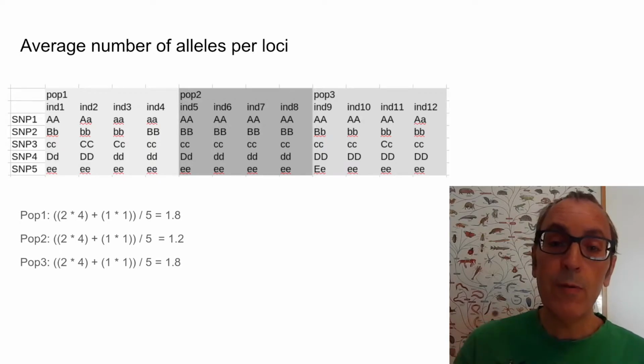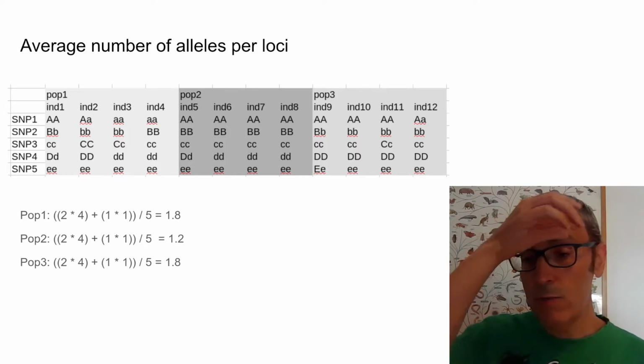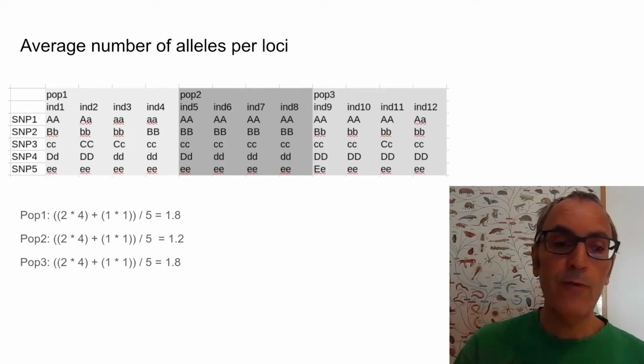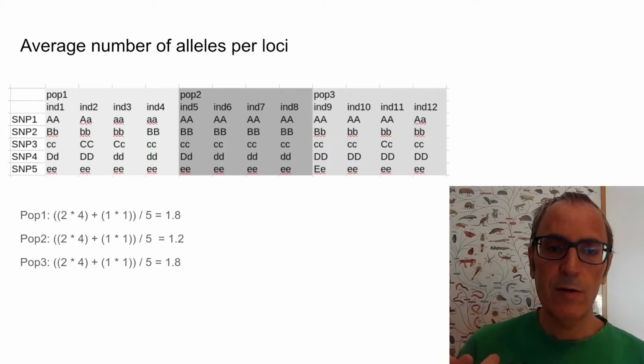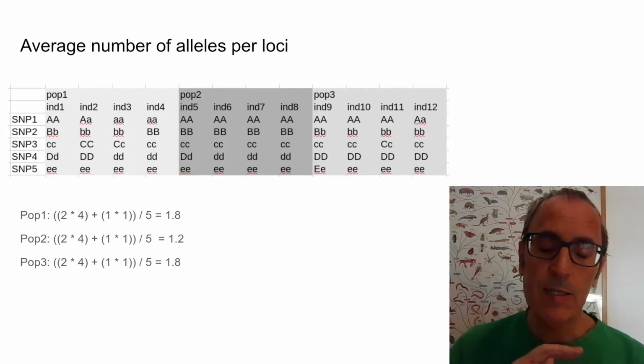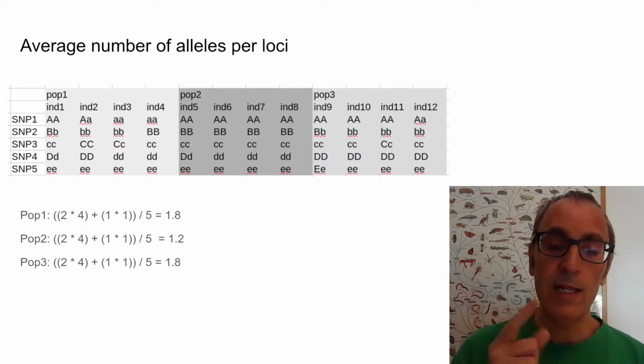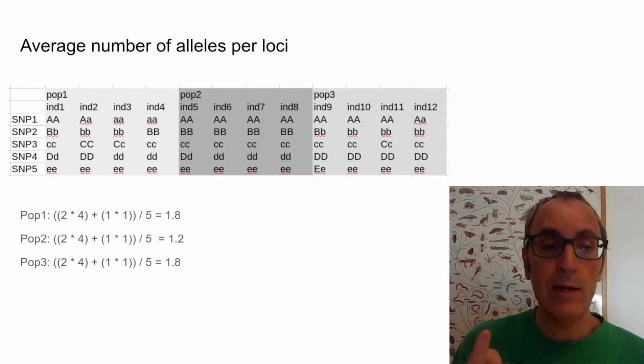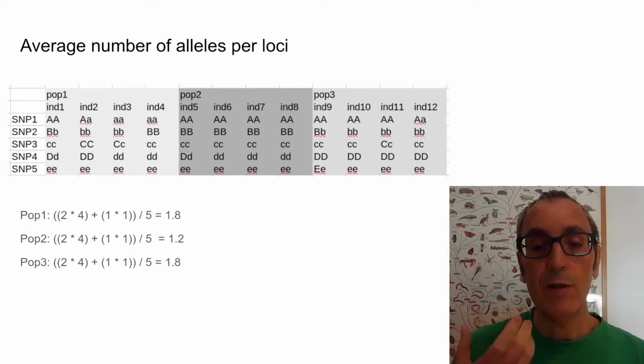And for different populations, we might find that we have different measures. For instance, in SNPs, it's quite common to find populations in which we have, for instance, 1.5 mean number of alleles. We have some SNPs that are fixed with only 1 allele, and some other SNPs with 2 alleles or with 3 alleles, and we calculate the mean.